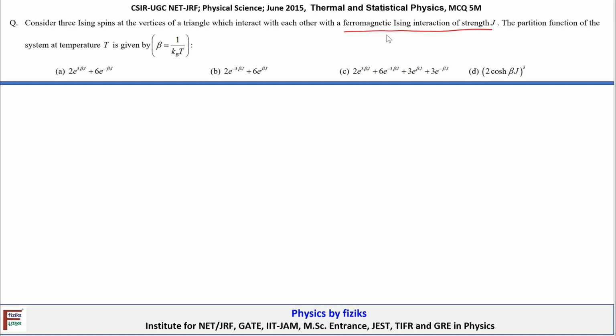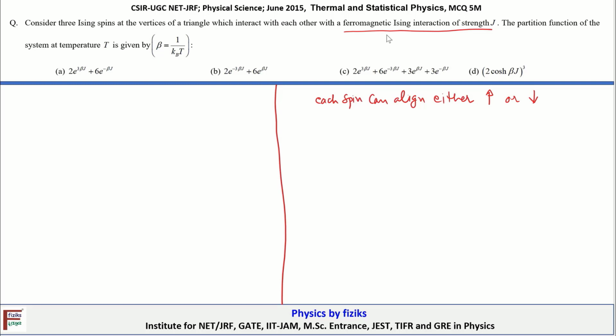So we are given a system of 3 spins placed at the vertices of a triangle. First of all, let's try to understand how many microstates are feasible for such a system, because each spin can align either upward or downward.